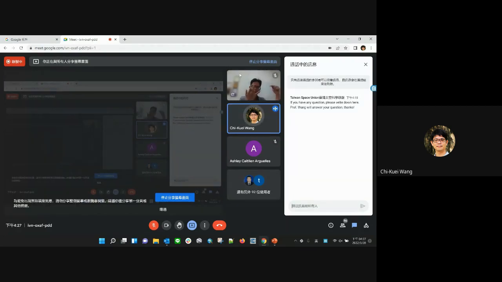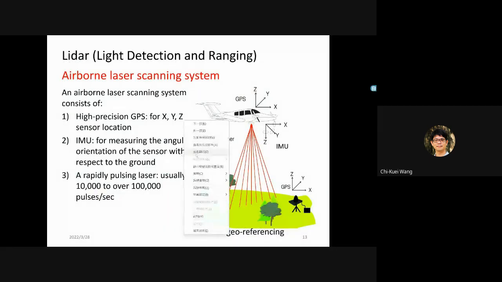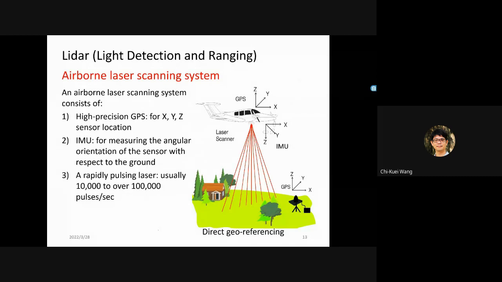Because if the wind is blowing from one direction, you don't fly the airplane straight. Let me try to draw, okay? So this is the airplane. It flies to here. You may expect it to fly like that, but actually you will have wind blowing from this direction.